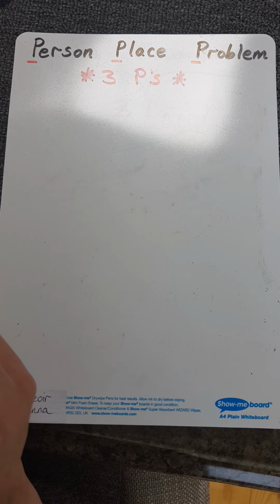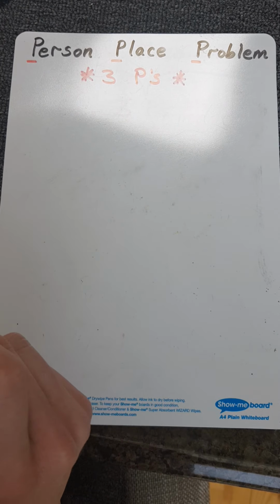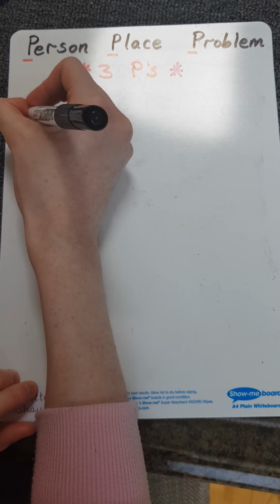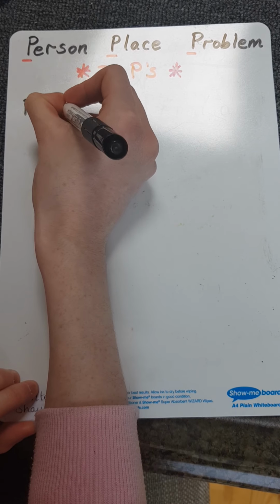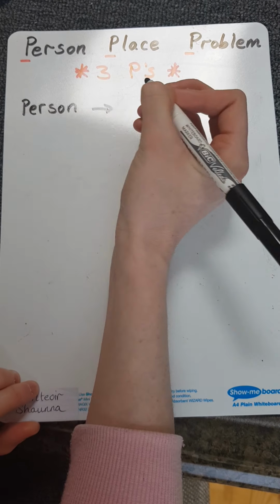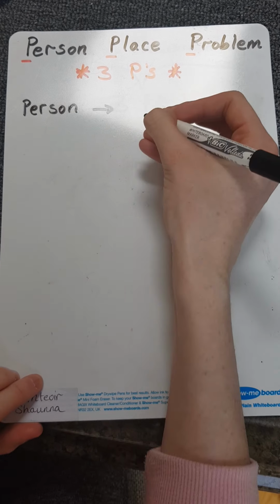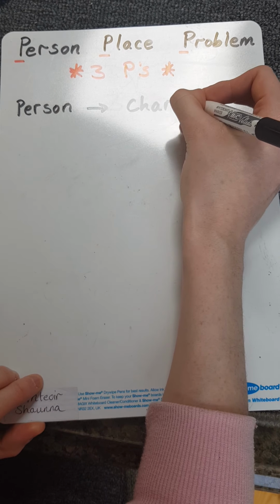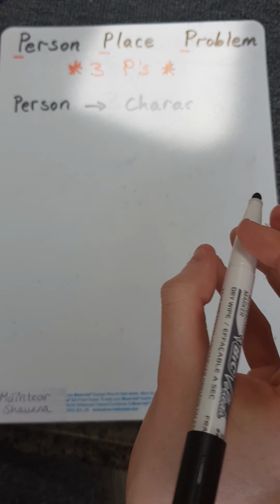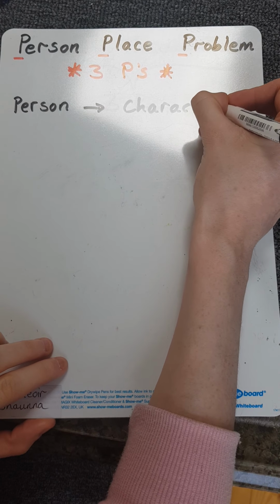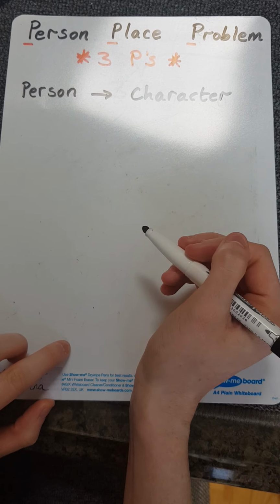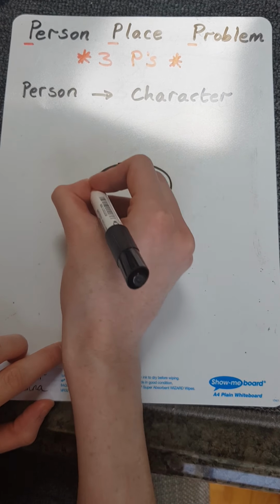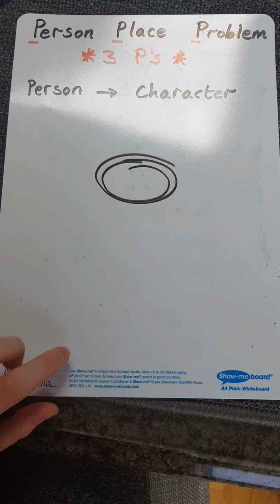Now, let's focus in on them individually. The first one, which is person. Person really means character, okay? So what we do first is we write our character's name down in the centre of our mind map, which we're going to create.